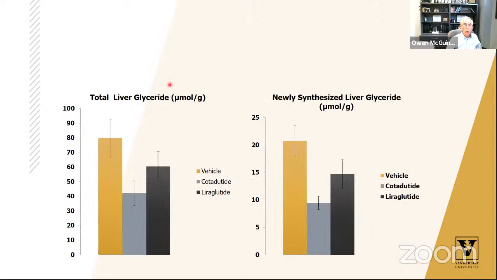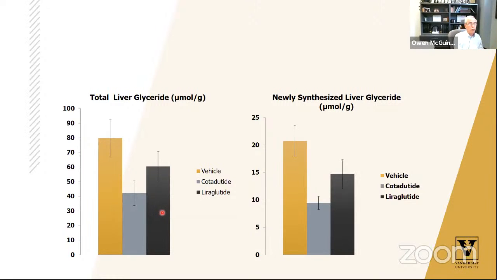If we look at total glyceride in the liver, we see a total decrease in liver glyceride reflecting the lower lipid content in the liver. But remember that glyceride backbone also is being newly synthesized as new fatty acids are being esterified to form the triglyceride. And notice that this represents about 20% of that glycerol in the glyceride has been resynthesized in that 2 hours.